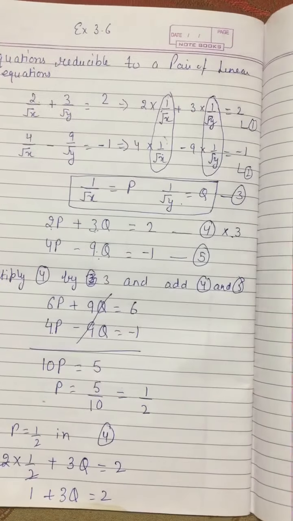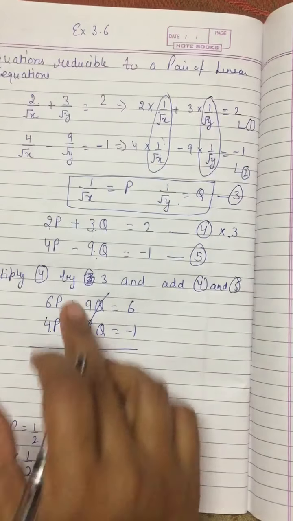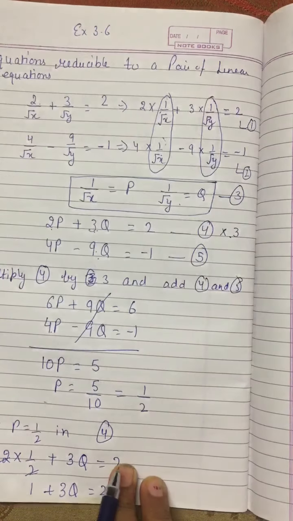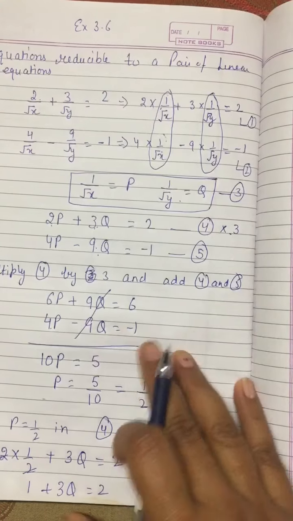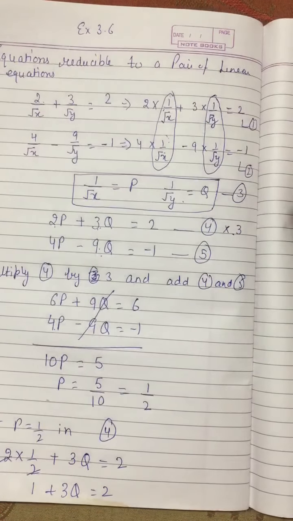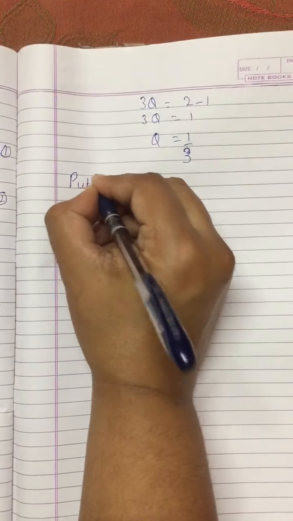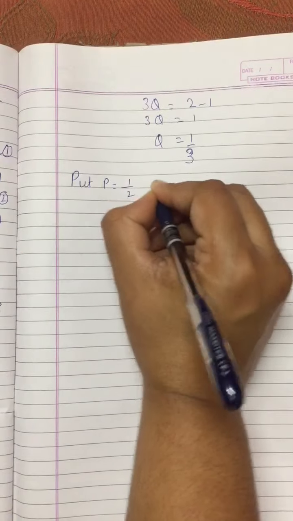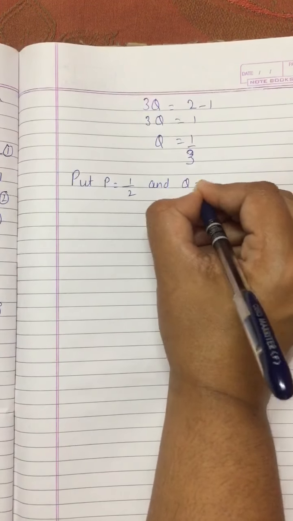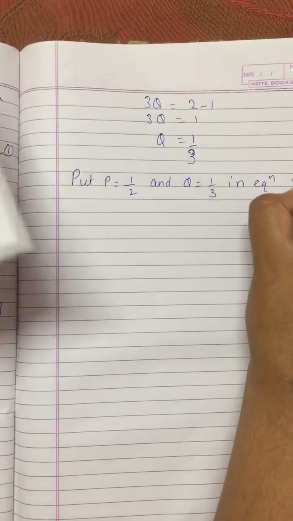Now you can see that p and q were taken by us, not given in the question. So what will I do? I will put the value of p as 1 by 2 and q as 1 by 3 in equation number 3.